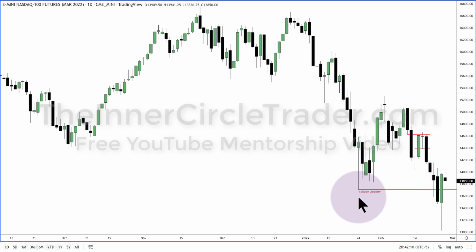The question I want to leave you with is this. Why does it respect the levels I'm teaching here and the logic from imbalance to liquidity if everything is based on trend lines, moving averages, harmonic patterns, Fibonacci this, Elliott wave that?